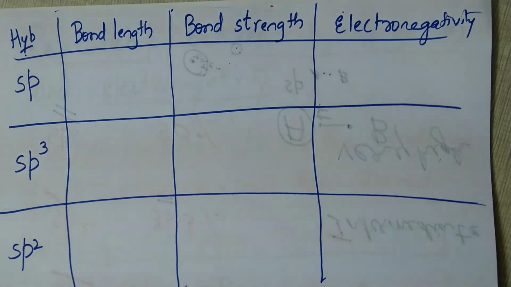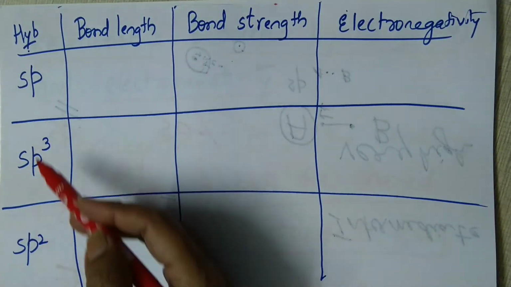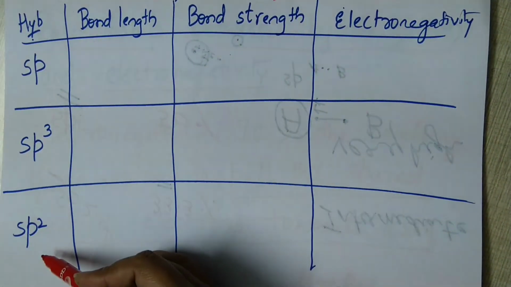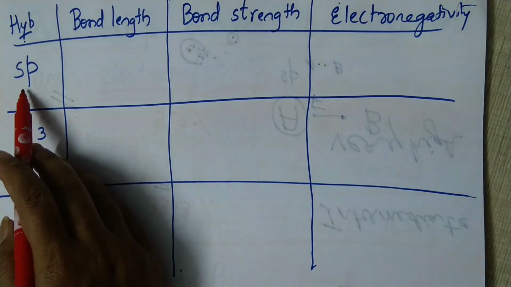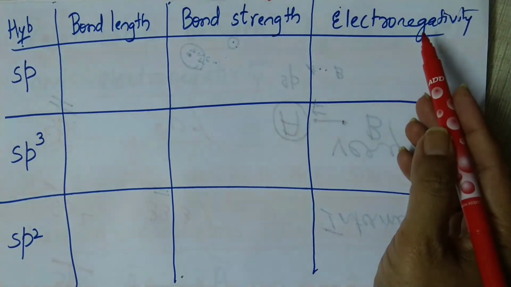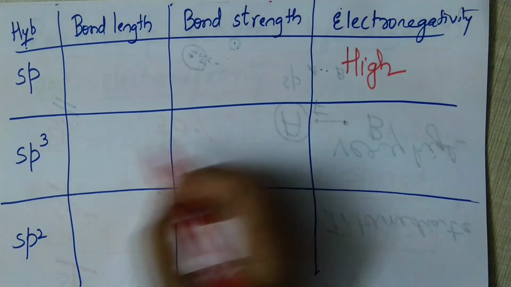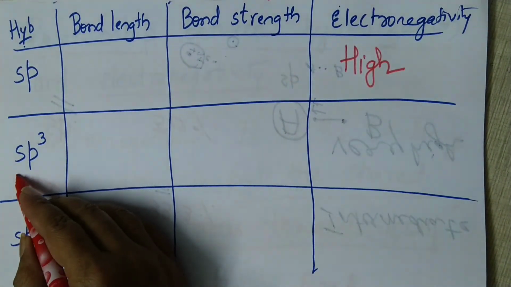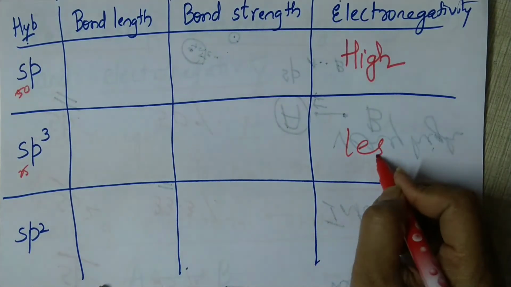Let us summarize now. So which are the three types of hybridization? sp, here I have written sp3 followed by sp2. So if hybridization is sp, what is electronegativity? It is based on S character. Electronegativity is very high. How about in sp3? S character is 25%, it is 50% in sp, therefore it is less.